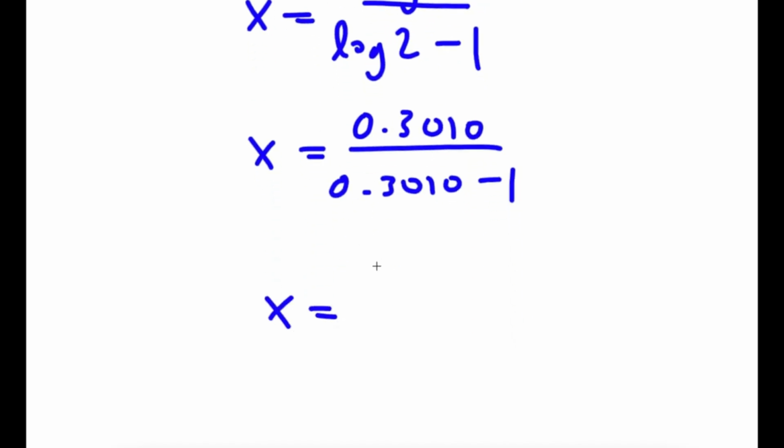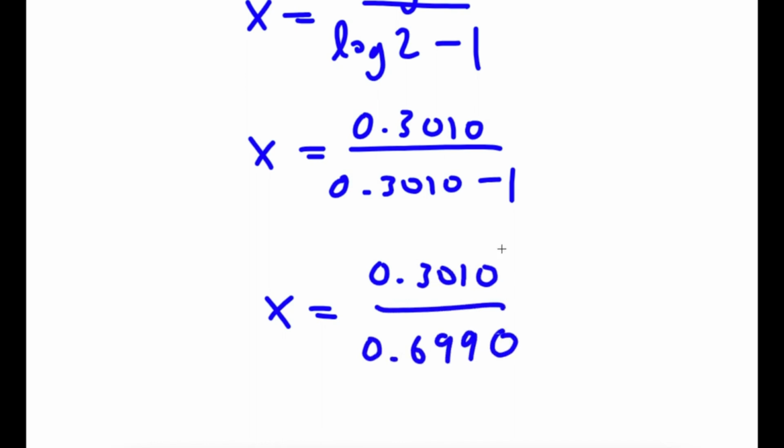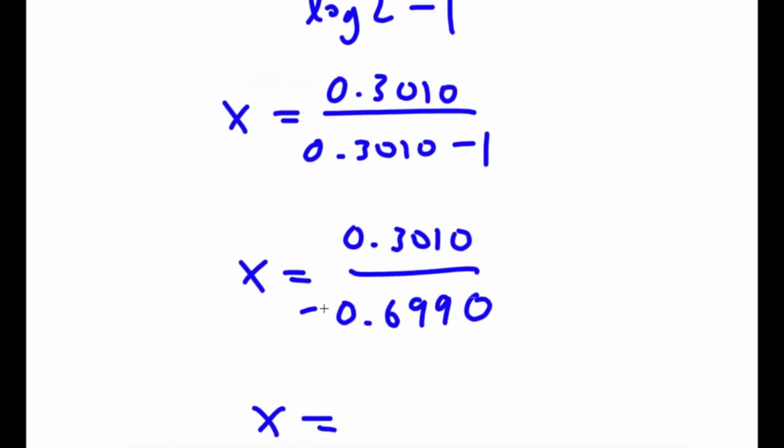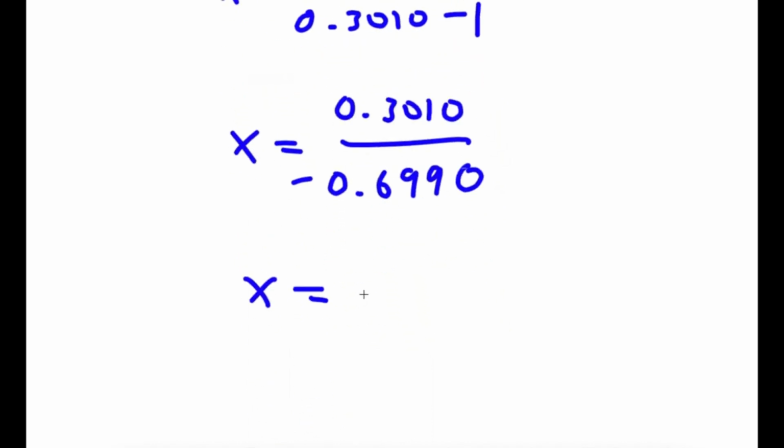And now this is equal to 0.3010 over negative 0.6990. And finally, if I divide these two, I get that x is equal to negative 0.43.